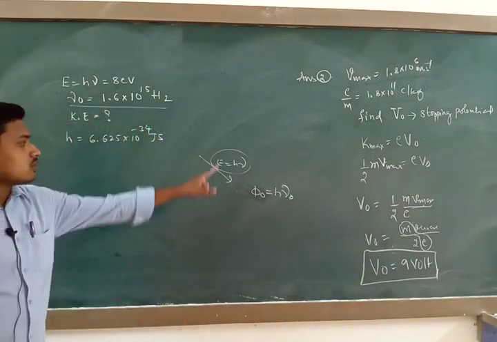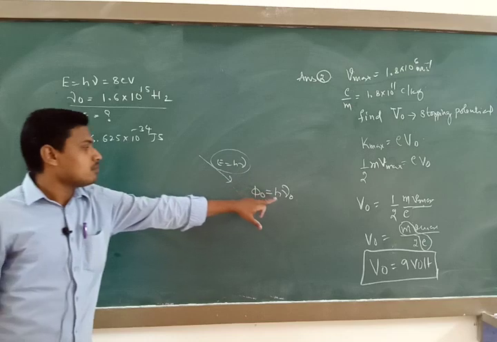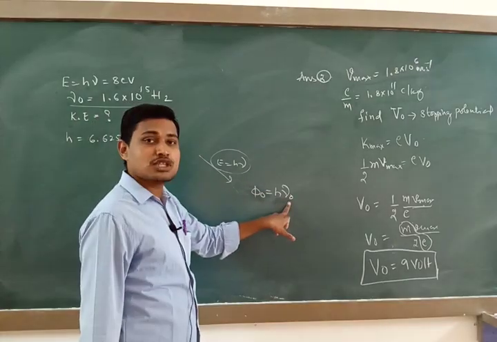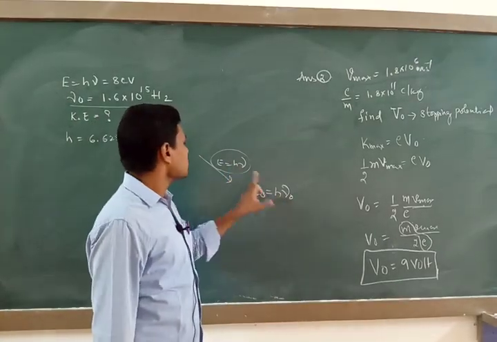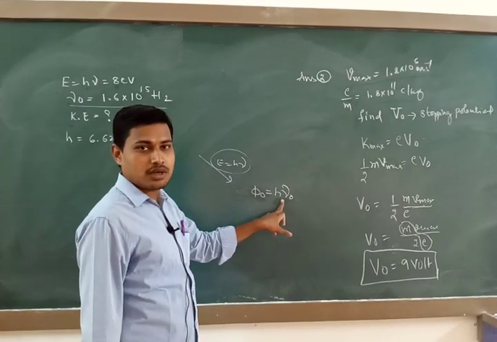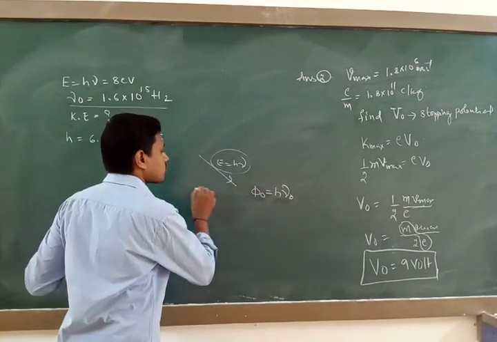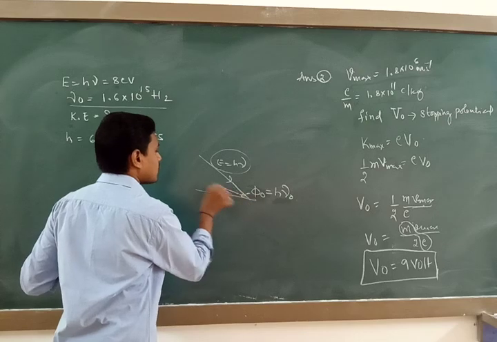H nu I am incidenting, but the metal has a fixed value h nu naught. Obviously h nu is more than h nu naught here, thereby the electrons are ejected.